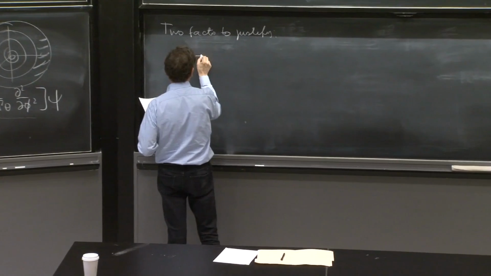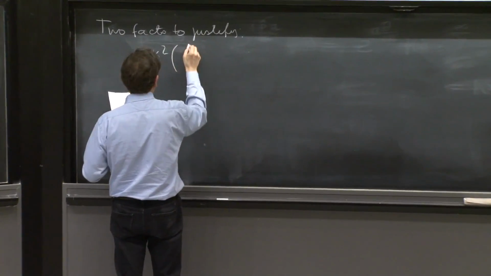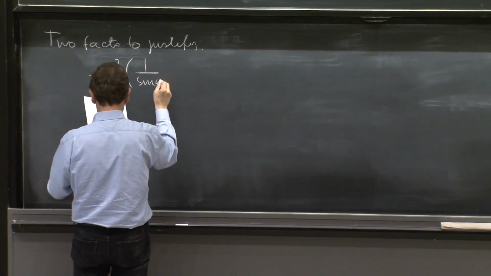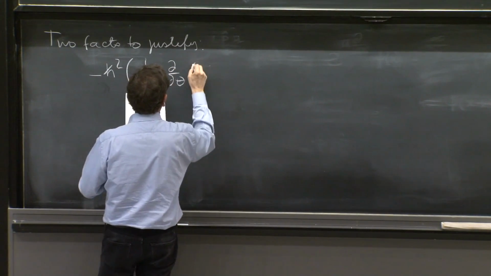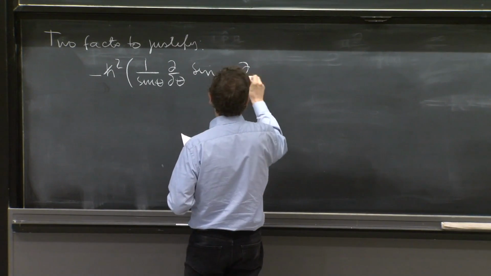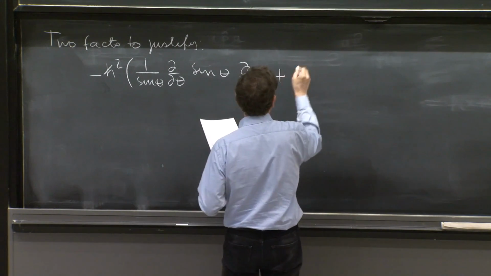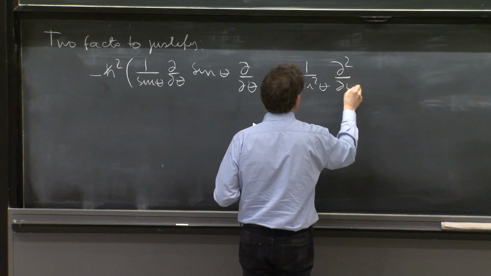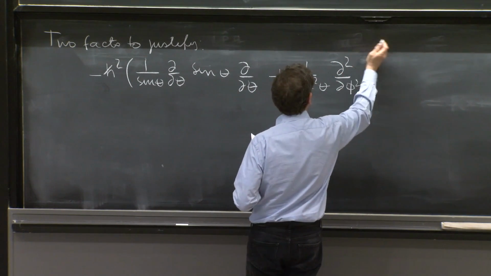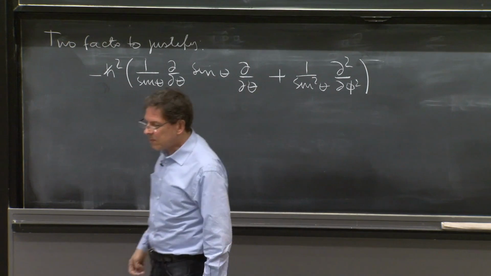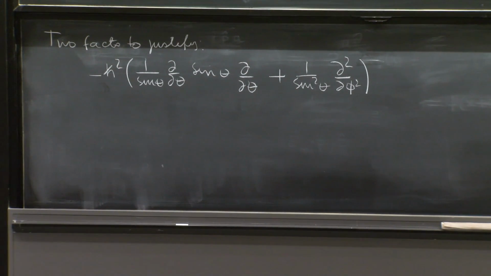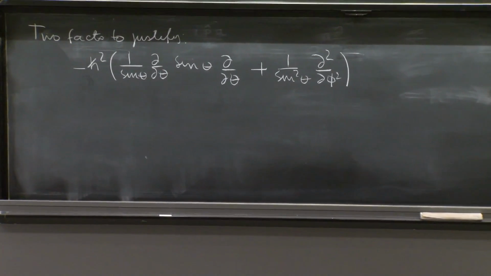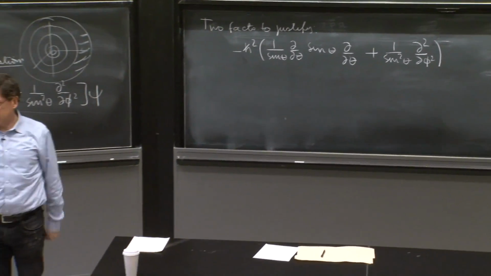The first is that minus h bar squared times 1 over sine theta d d theta of sine theta d d theta plus 1 over sine squared theta d second d phi squared, this whole thing can be viewed as the differential operator version of angular momentum.